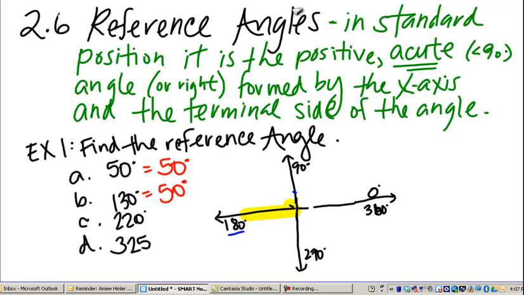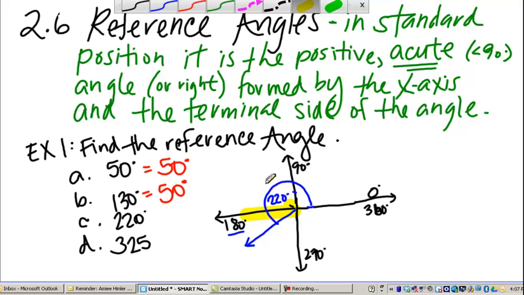Okay? So let's look at the next one, 220 degrees. It helps if you know what quadrant it falls in. So we know it should fall in the third quadrant. So this angle is 220 degrees. Again, we are going to use the x-axis and the terminal side here.